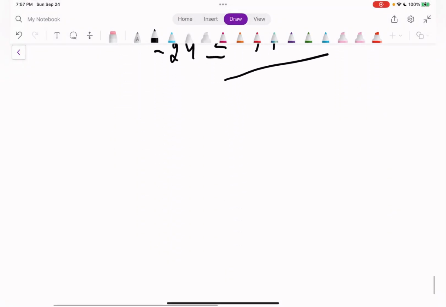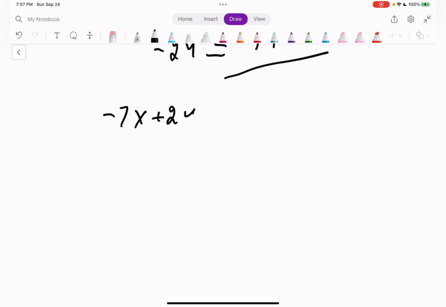What numbers do I have here? Negative 7x plus 2y greater than or equal to negative 5. Well, look at the numbers, the coefficients 7, 2, negative 5. You can't divide them by each other anyhow, so I'm going to use slope and intercept, okay?